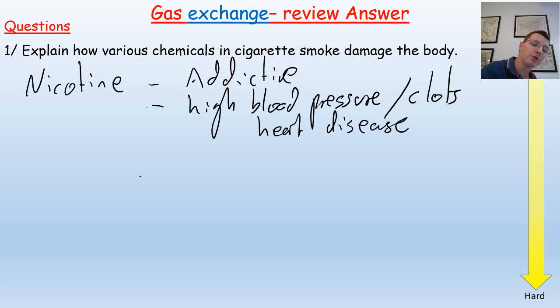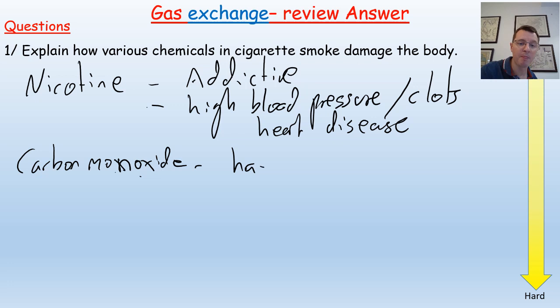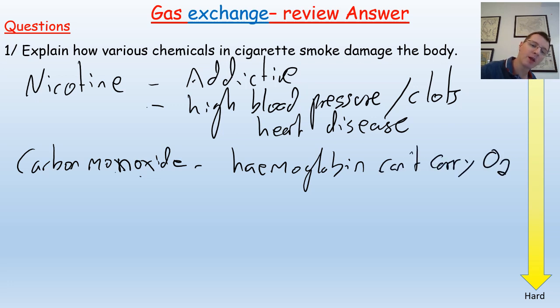You need to also mention carbon monoxide, and you need to link that into the fact it binds to hemoglobin irreversibly, so it can't carry oxygen. And then finally, you need to link in tar, and you need to be mentioning that tar is a carcinogen, and that can cause lung cancer.